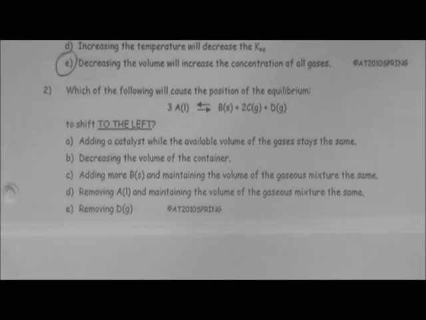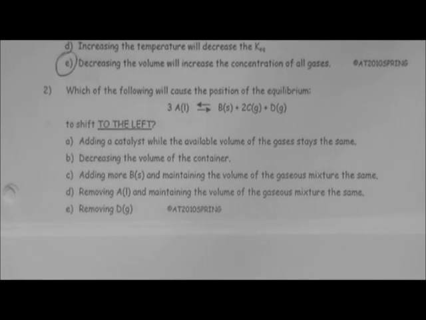So let's say I put a lot of B in the system, right? A lot of B, and the container is fixed. What will happen to the available volume of the gases? It's going to become smaller. And if it becomes smaller, it's just like I'm compressing it. Even though I didn't compress it, by putting solid or liquid in, the available volume of the gases is less.